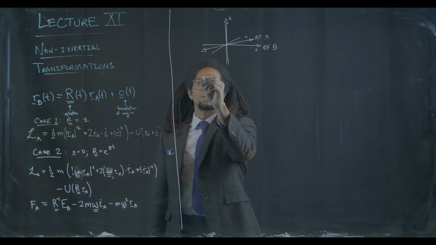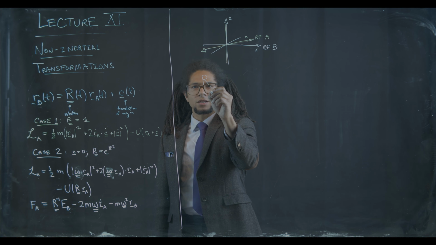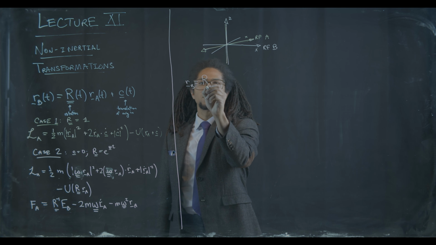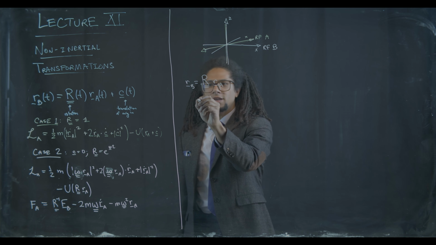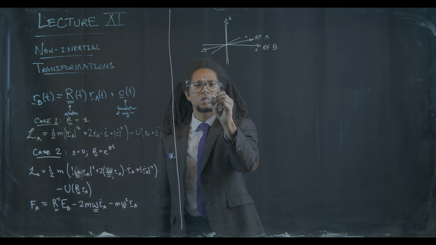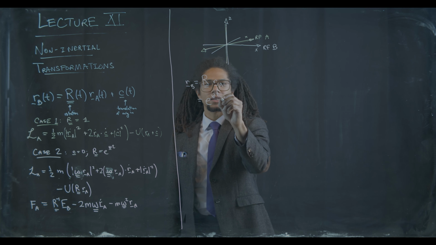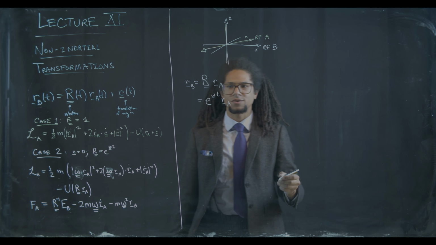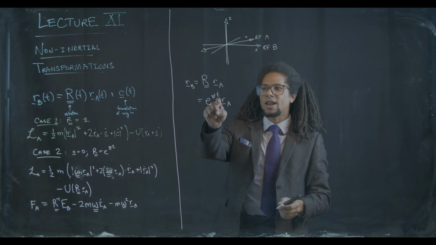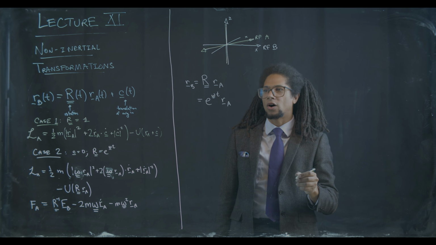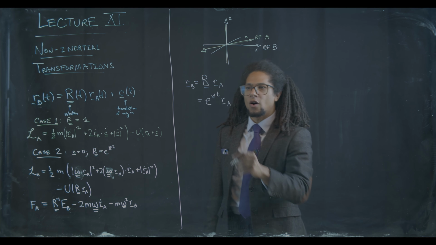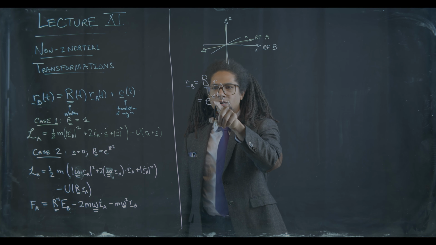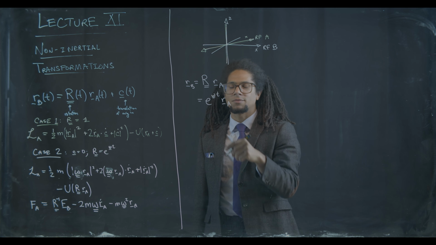Okay, now let's look at this. We have R_B is equal to R times R_A. And in turn, this is e to the omega t times R_A, as we've seen. But now I want to figure out exactly what omega ought to be. Now, I've worked out before that omega is going to have non-zero entries. Remember that omega is an antisymmetric matrix.